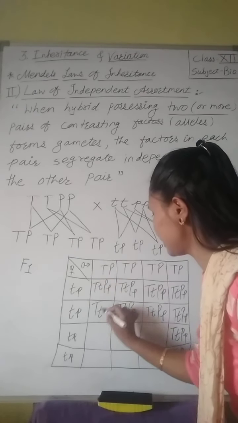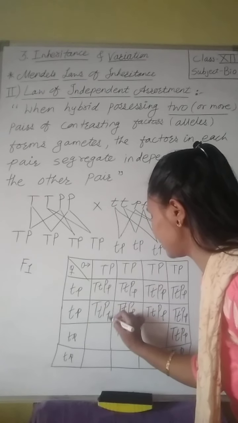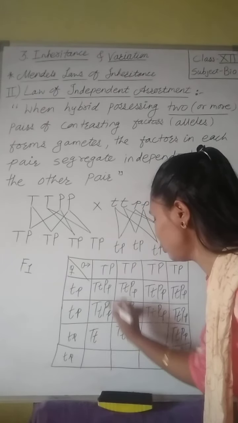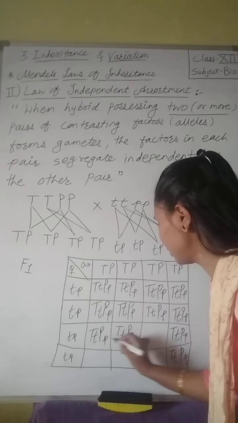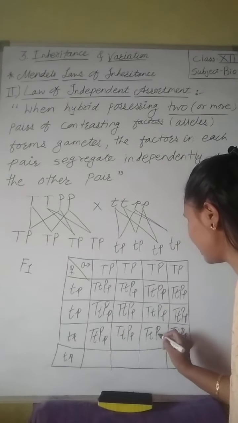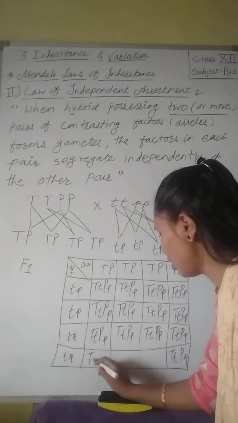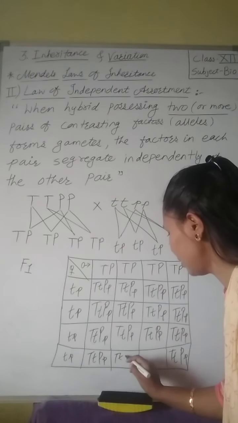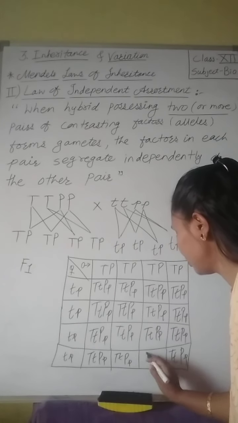Here the recessive one, purple and white. Dominant, recessive, purple and white. Tall, dwarf, purple, white. Here also tall, dwarf, purple and white.